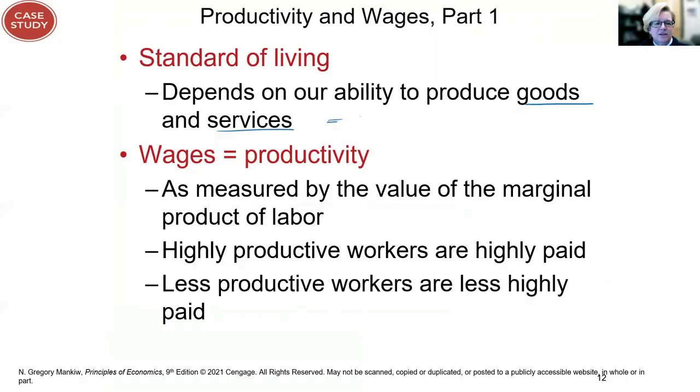In macroeconomics, we say this is the gross domestic product. Wages are linked to productivity. Remember, the value of the marginal product of labor is how we take the quantity that we're producing, the output, multiplying it by the price that we can get for that product in the market.